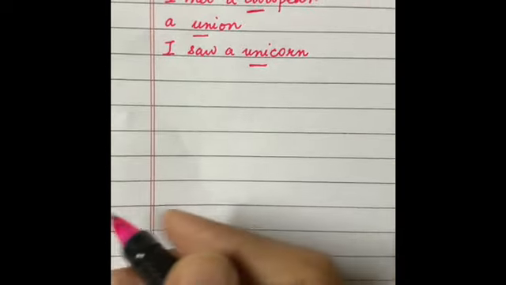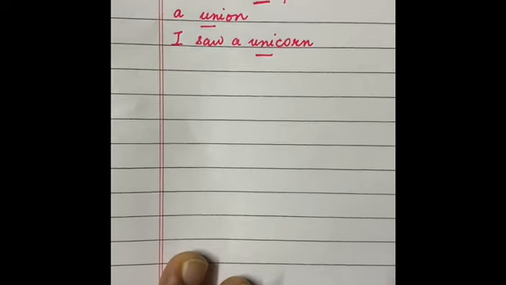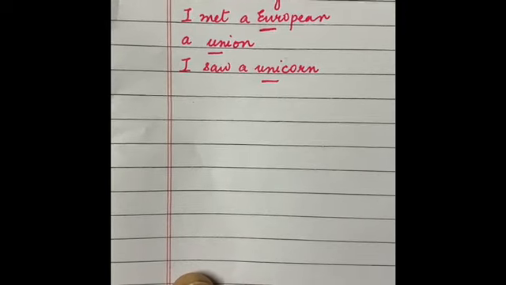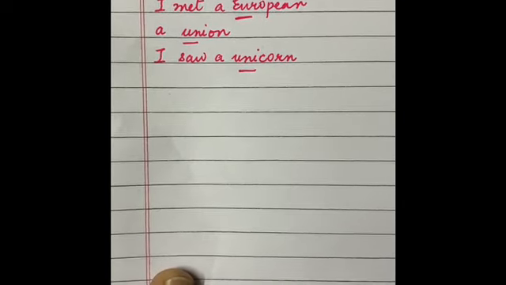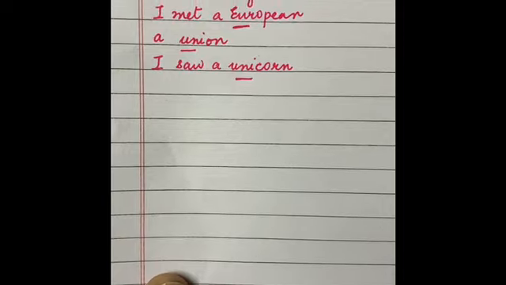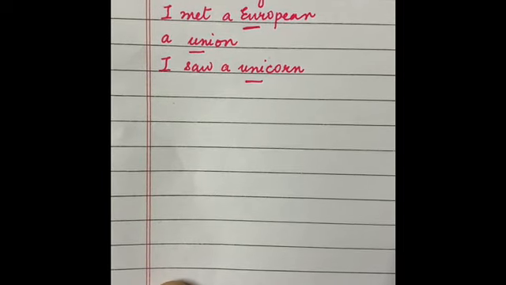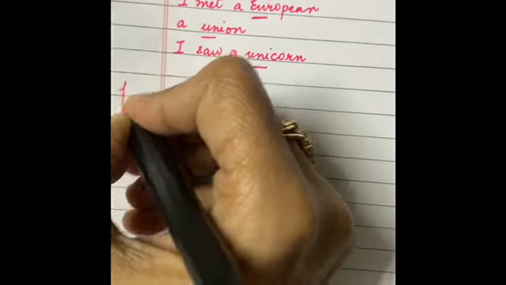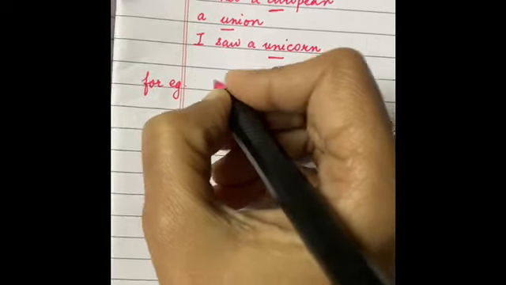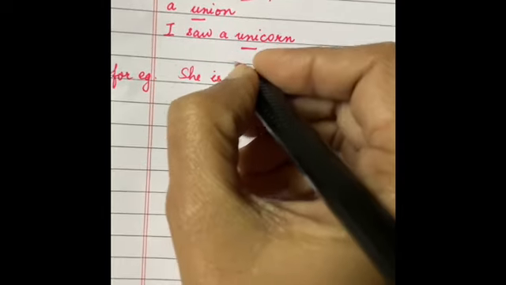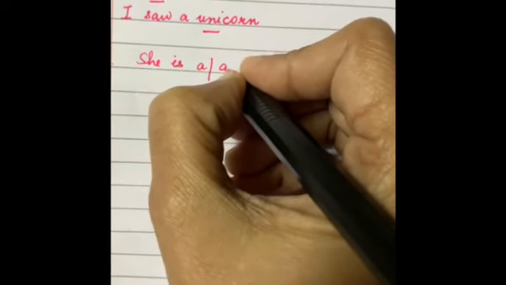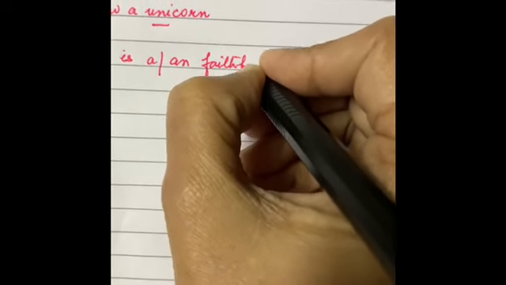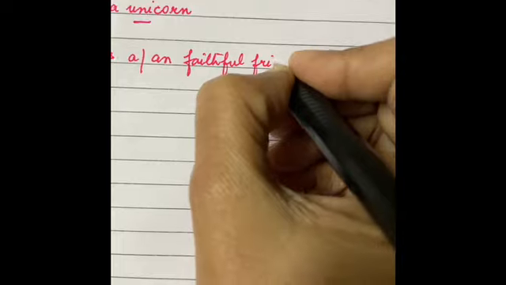Now one more point which you need to remember is, sometimes though we use articles before nouns, sometimes an adjective is there. So the article also depends upon the adjective. For example, she is a or an faithful friend.